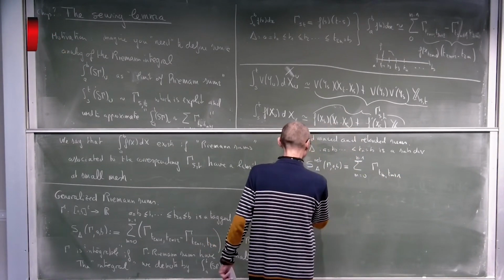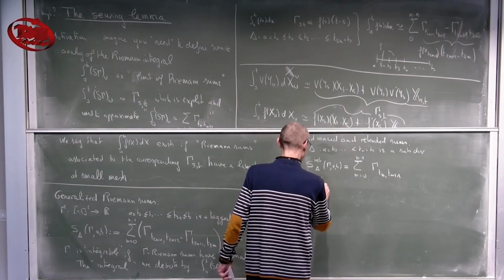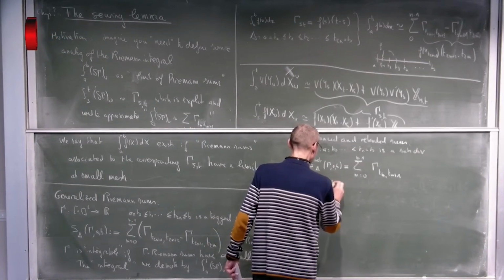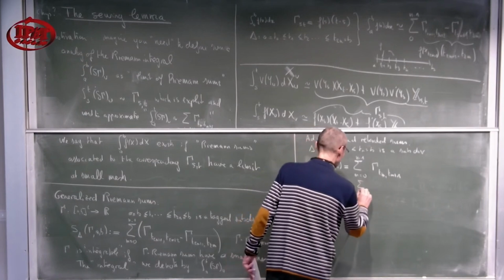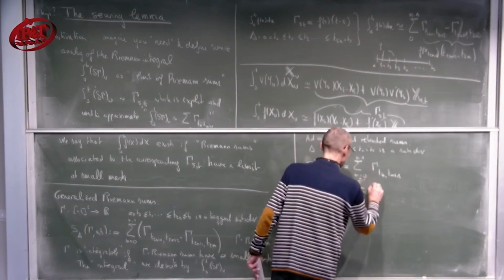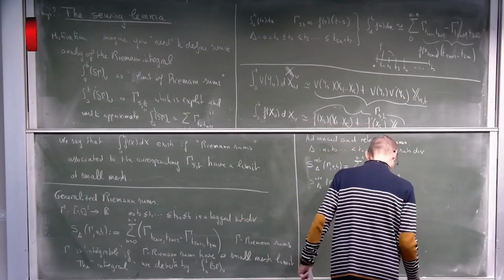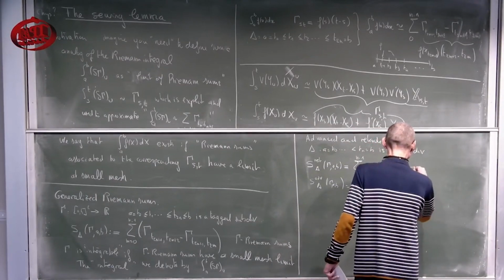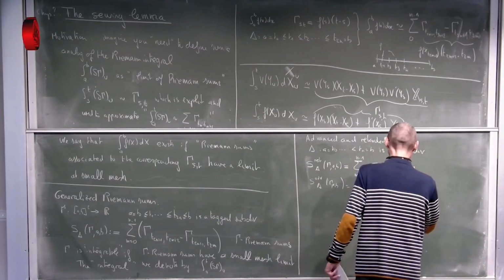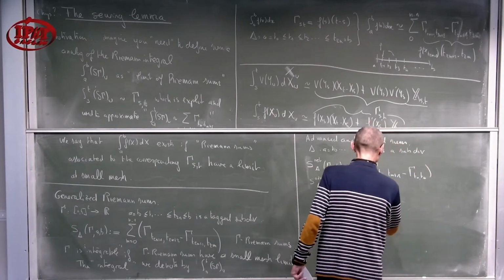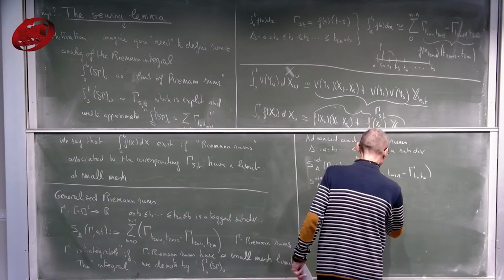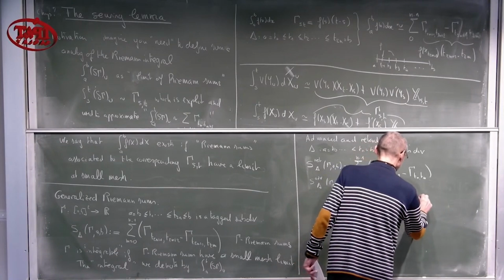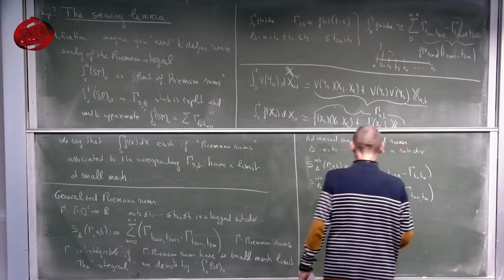And you would also have the advanced one, which would be the sum from m equals 0 to n minus 1 of gamma_{t_{m+1}, t_{m+1}} minus gamma_{t_{m+1}, t_m}.